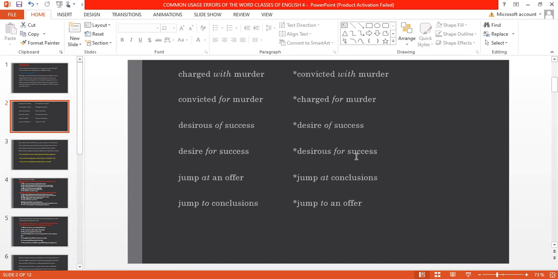So you can see, jump at an offer and jump at conclusions. Jump to conclusions and jump to an offer, right? So you can see the specific use of preposition in these expressions determines their correctness or not.